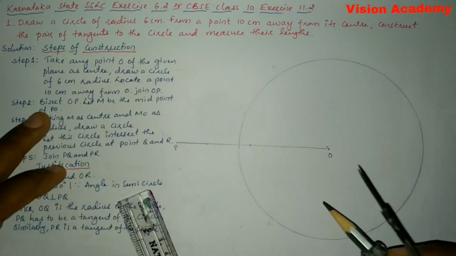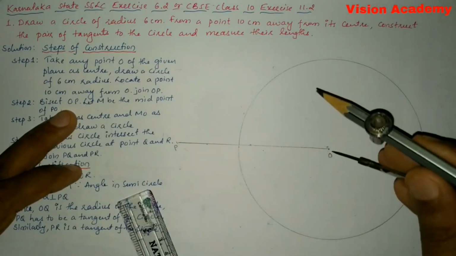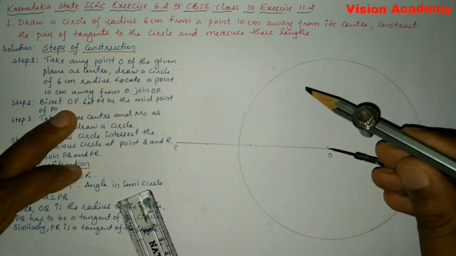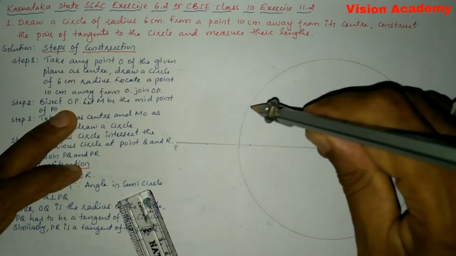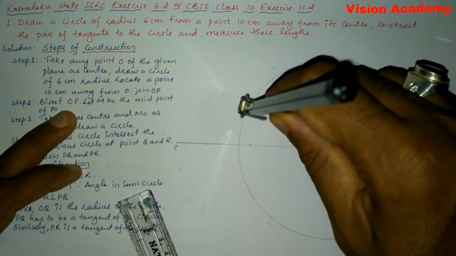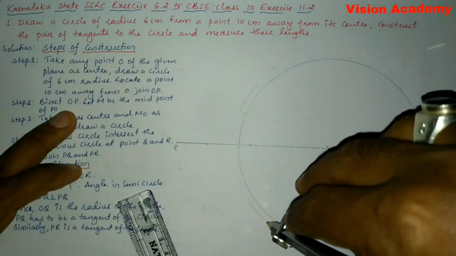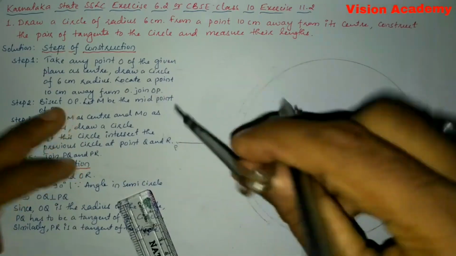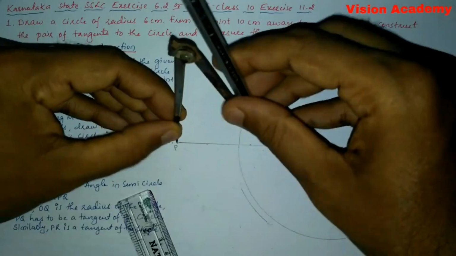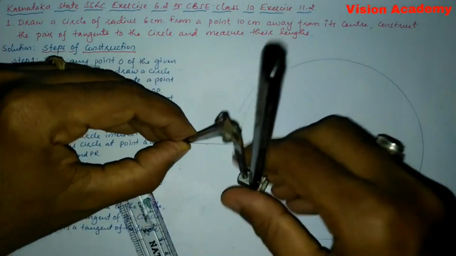Next we'll move on to step number 2, bisect OP. So here OP is to be bisected. If you want to bisect it, then we have to take a length which is more than half of this length OP. So let us draw here one curve and another curve here, and keeping on point P, let us cut this curve and cut it here.